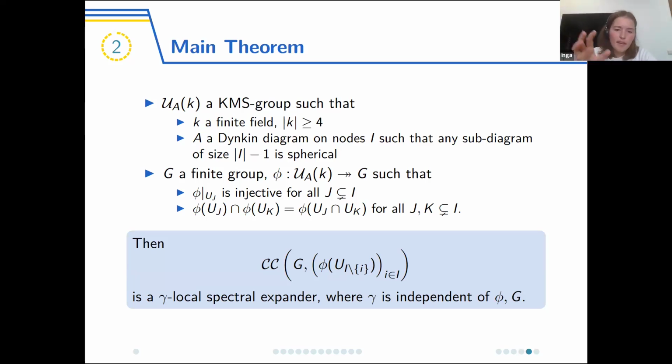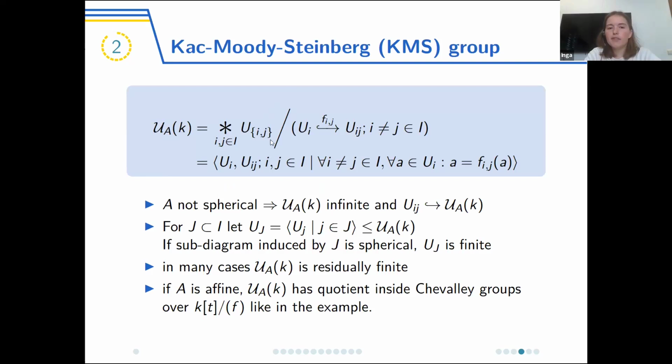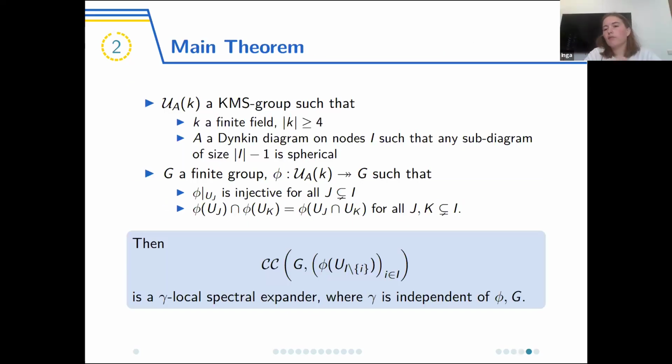Well, I think an idea of myself is that you don't need to start with a KMS group here. You could have a direct limit of certain local groups that would still work. It's just that KMS groups have a lot of very nice properties, and a lot of those properties are necessary, but you could have a direct limit here with some other subgroups Uij that still have a nice local behavior.